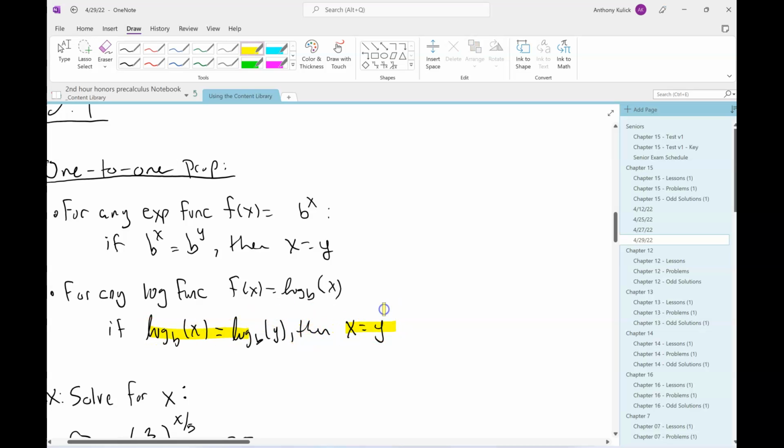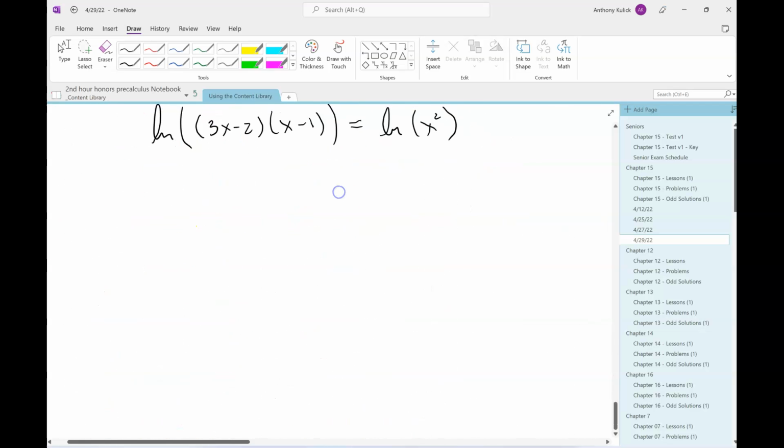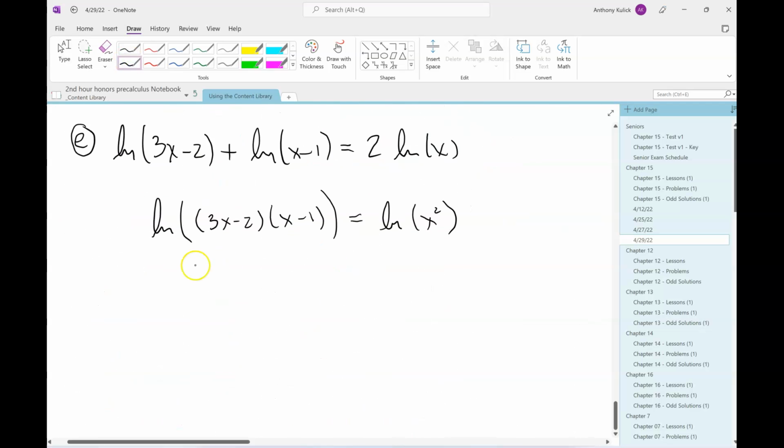The log of x is equal to the log of y means x is equal to y. While I'm at it, I'm going to FOIL this out for you guys. What does this look like?